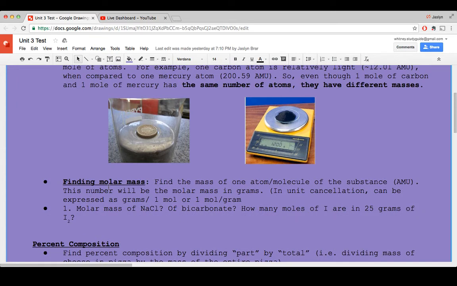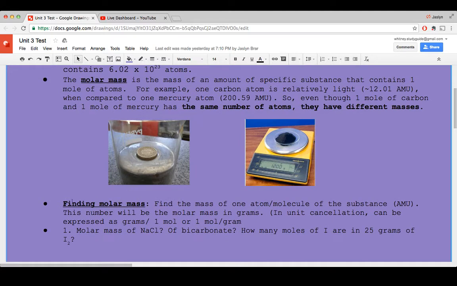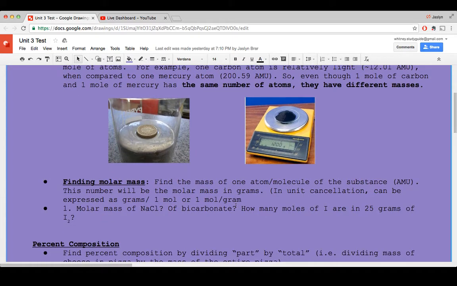Because each substance has a different molar mass, you have to find it based on what substance it is. So on the test tomorrow, you might be given what kind of substance it is, and have to find the molar mass based on that. So really, it's pretty simple.